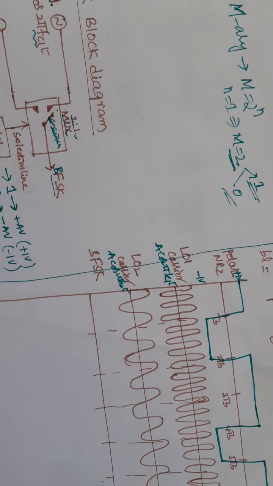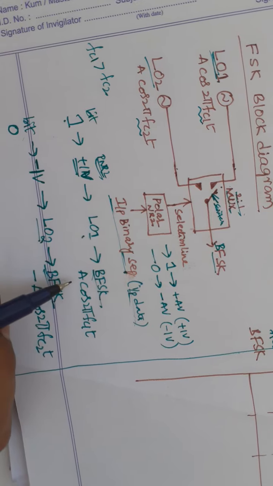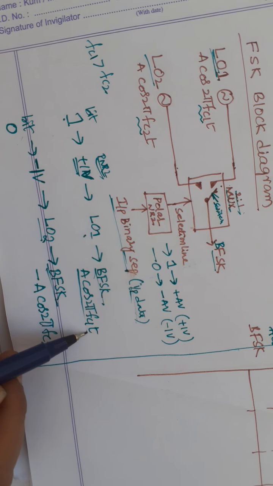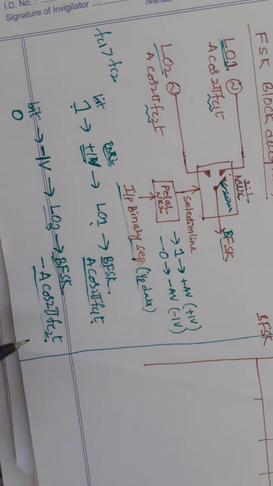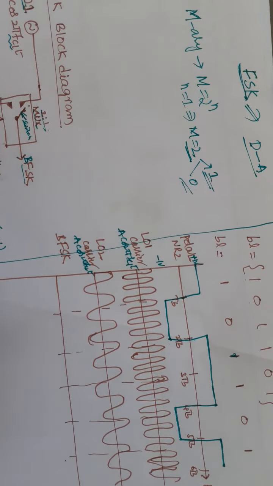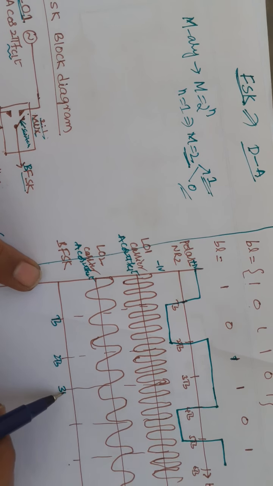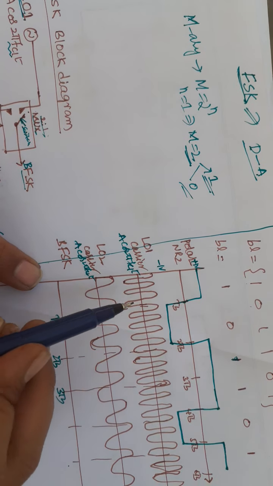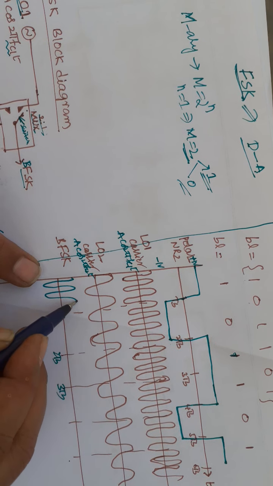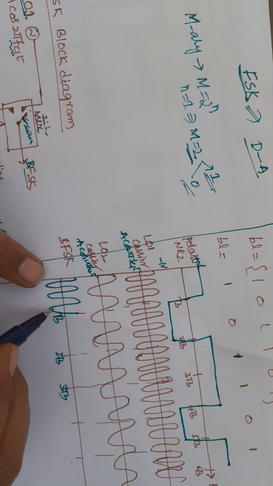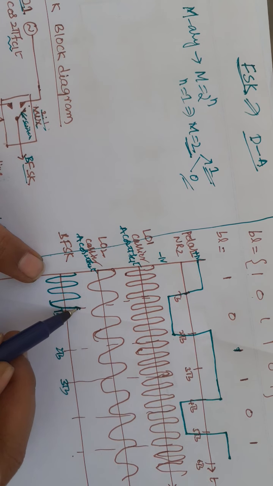Right? Now the output of FSK: if bit 1 is transmitted, FSK output is A cos 2 pi FC1 t. If bit 0 is transmitted, FSK output is A cos 2 pi FC2 t. Now see here, this is the first TB, the bit is 1. Bit 1 means the first local oscillator output will be here. Next, bit 0 is the second local oscillator output.